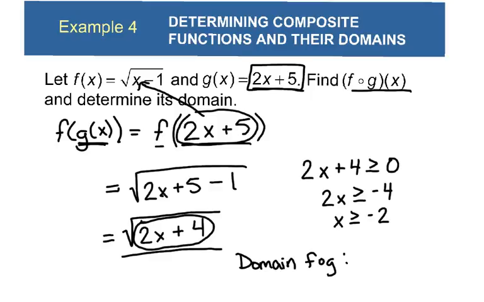The domain for f of g is negative 2 to infinity, because all of our x values are greater than or equal to negative 2. There you go. That is how you find the domain of your new function. Just look at your new function of what you come up with and find its domain.